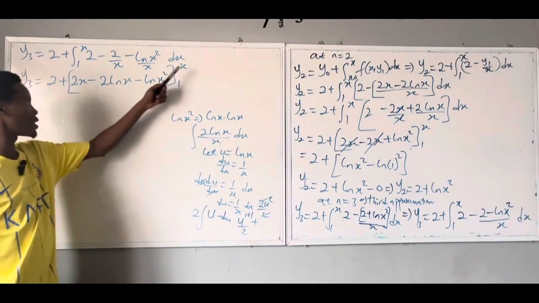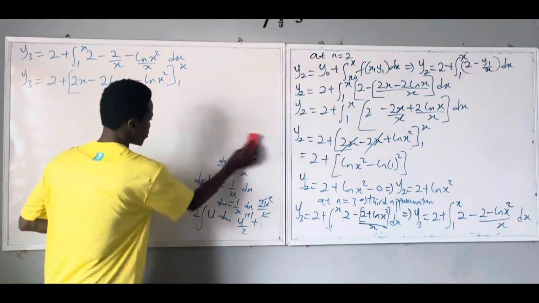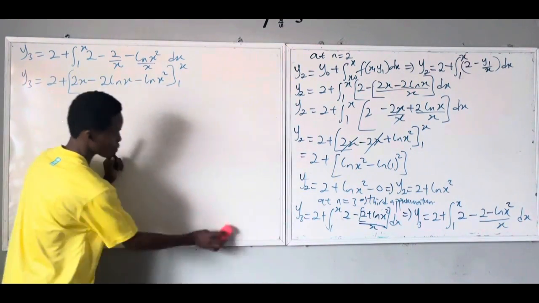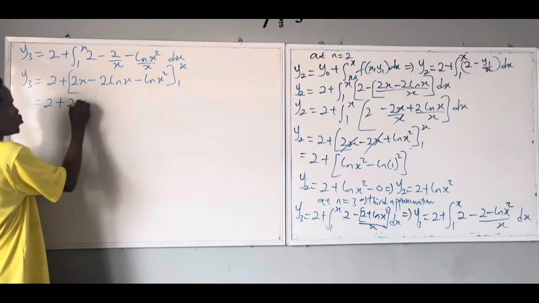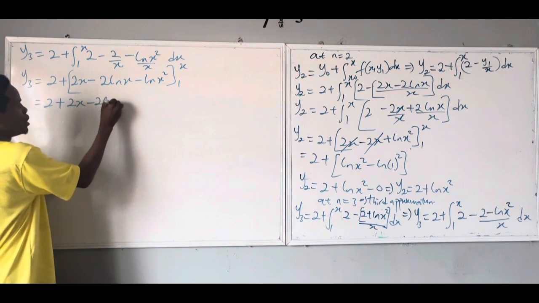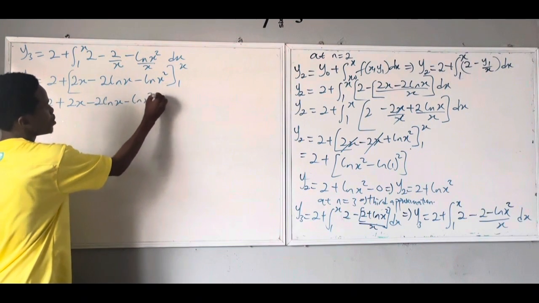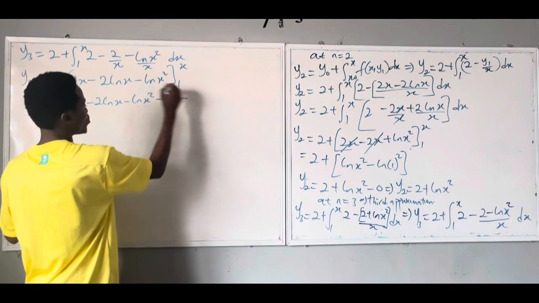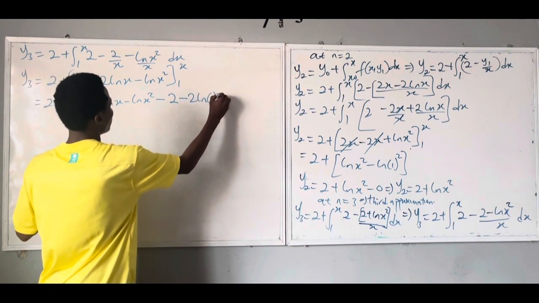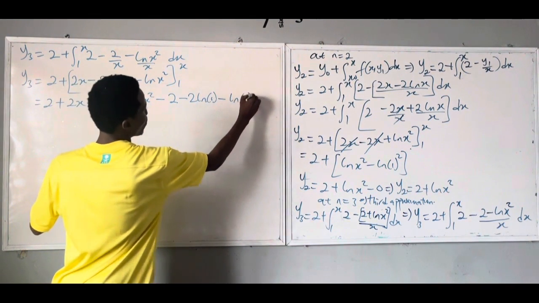I will let this one when s is x, minus when s is 1. So what am I going to have? I'm going to have 2 plus 2x minus 2 ln x minus ln x square, minus, when s is 1, I'm going to have 2 minus 2 ln 1 minus ln 1 to the power of 2.